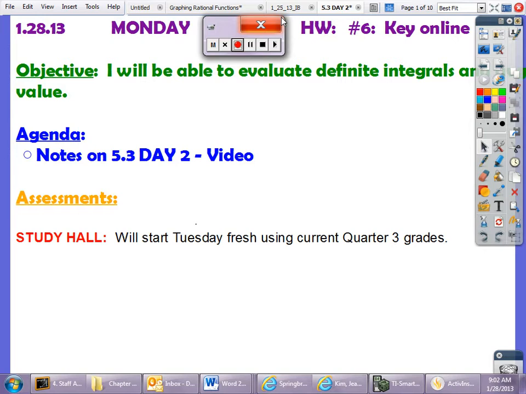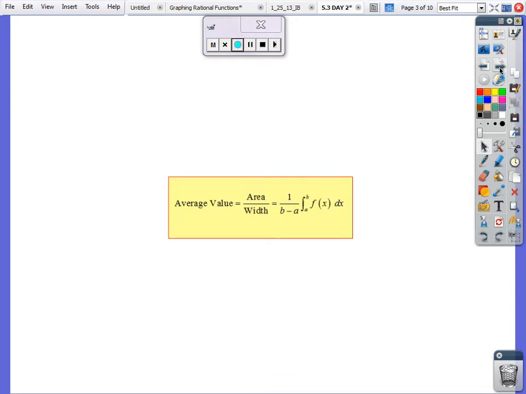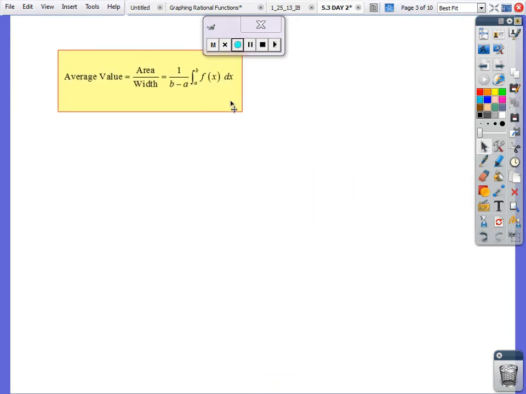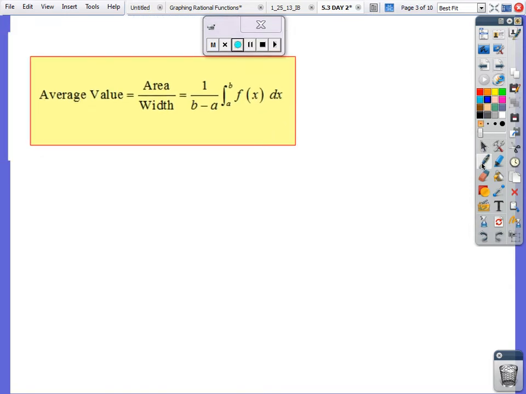So to start off, turn to 5.3 Day 2 Notes. You should have this title. And we're going to start off right away with a formula that's given as average value. And the average value is literally coming from the basic formula for area.